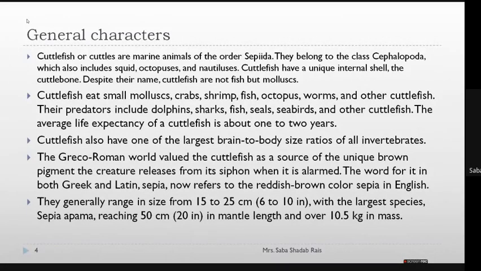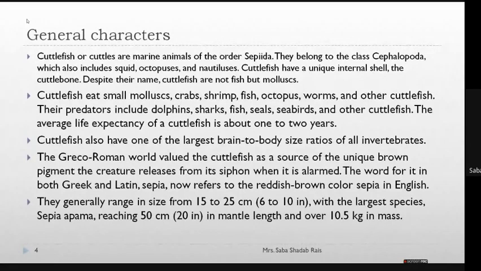When we talk about the cuttlefish, it has an internal hard shell. The shell has very good economic importance, which we are going to discuss in detail. This shell is actually calcareous, but it is also called a bone, cuttlebone. Now, generally their name is cuttlefish, but interestingly, they do not belong to the Pisces, because we zoologists know that fish belong to the Pisces, but they are mollusks.